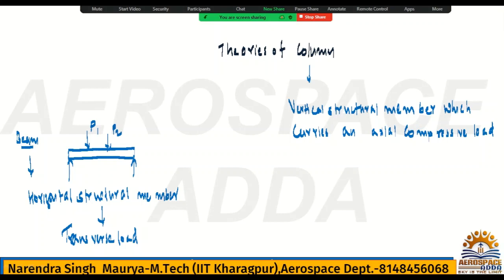But what about the column? Here I have written for the column, it's a structural member, but just like a beam is horizontal, the column is the vertical structural member. That's the only difference; the rest everything is the same. Now if it is a vertical structural member, then definitely the load acting on it will be the compressive load.